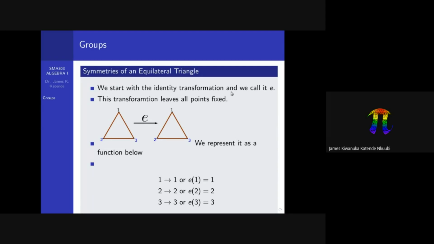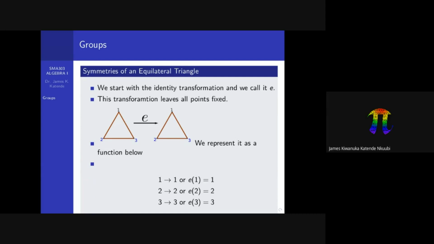The function itself takes the name E. So we say E is a function, and the value of E at 1 is equal to 1, the value of E at 2 is 2, and the value of E at 3 is 3. So this gives us a representation of this transformation as a bijection. Bijection simply means a one-to-one and onto function. We shall see this when we cover permutations later. For now, this should be sufficient.